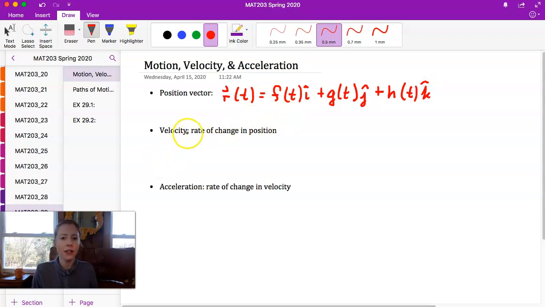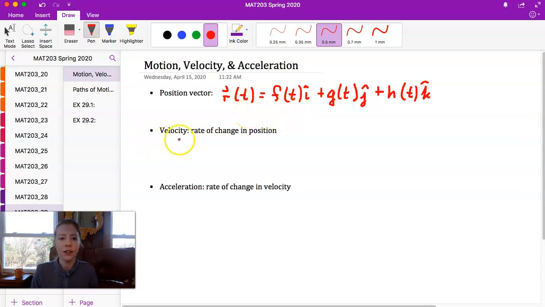And velocity is a rate of change of position. So if you're looking at the position vector, you're taking the first derivative of position with respect to time. That would give you velocity, the rate of change in position.